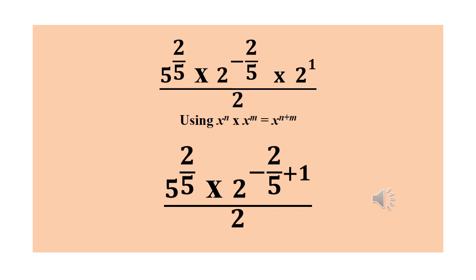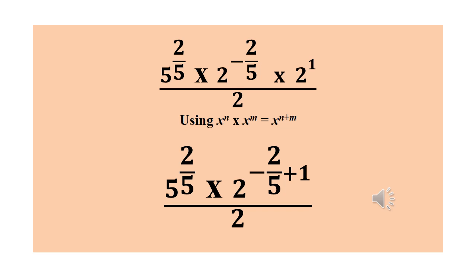This will now give us, if we use the law of exponents, which says x raised to power n multiplied by x raised to power m equals x raised to power n plus m. We use that for the right side of the first multiplication sign there. Because we have the same base 2 at the right side, we have 5 raised to power 2 over 5 multiplied by 2 raised to power minus 2 over 5, then plus 1.